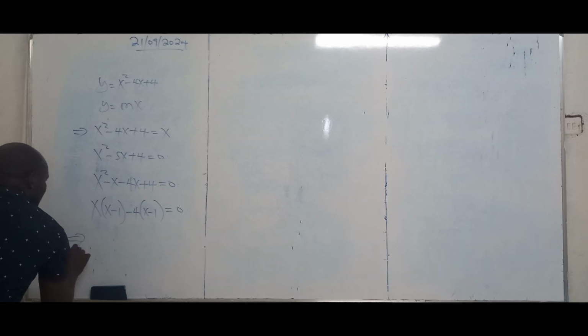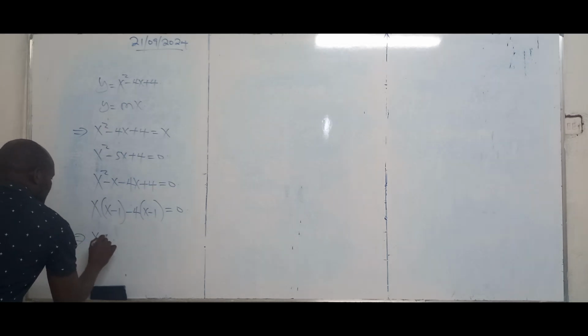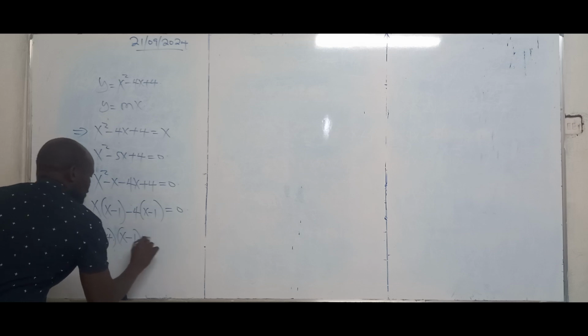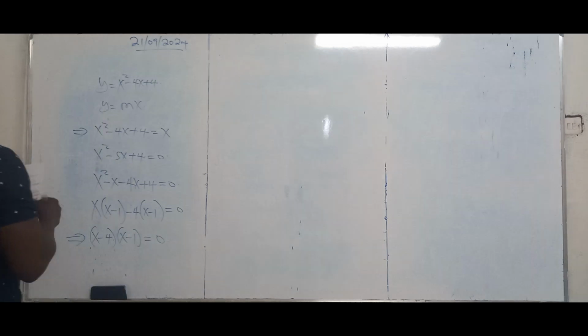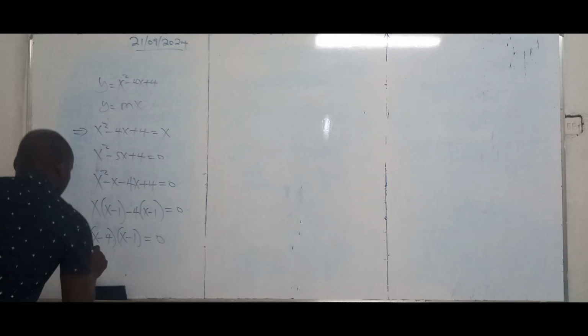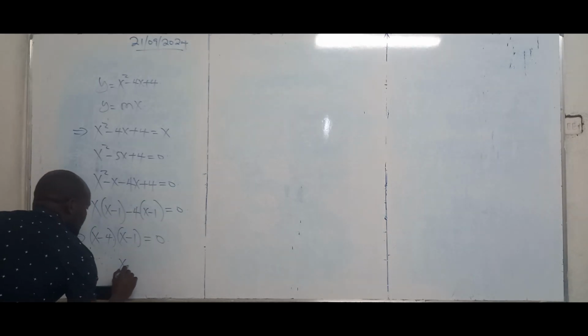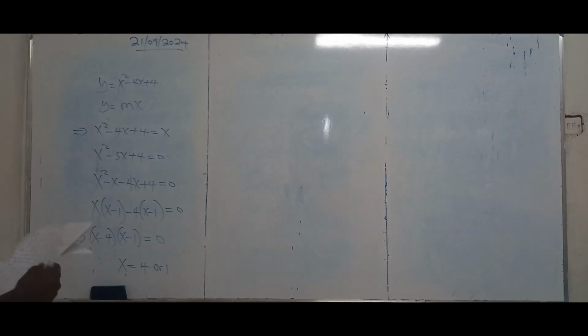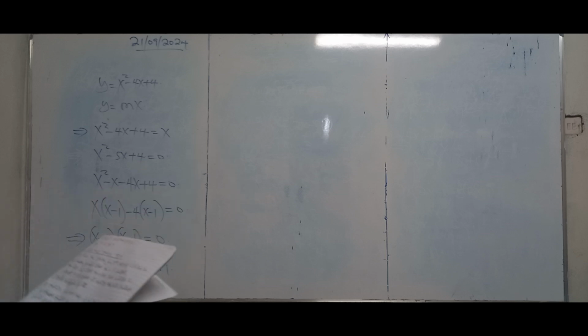That implies that either x minus 4 or x minus 1 is equal to 0. So therefore x is 4 or 1.